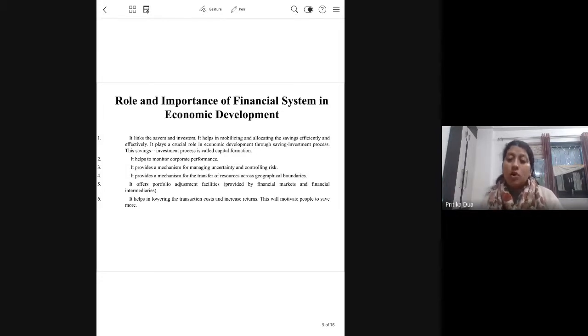If I talk about the role and importance of financial system, this is almost the same, because the savings function is a function of financial system. A feature or characteristic of financial system or role of financial system would be that it acts as a bridge between the surplus and the deficit units, or between the savers and the borrowers.